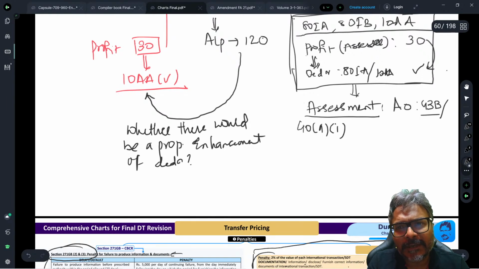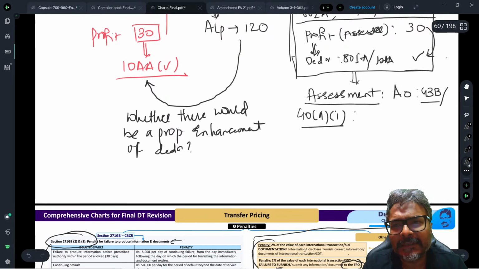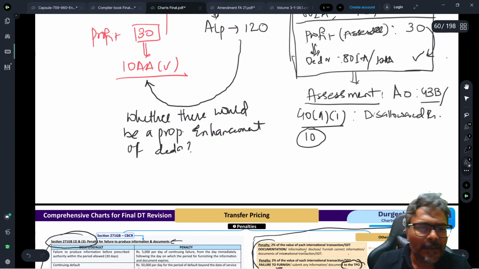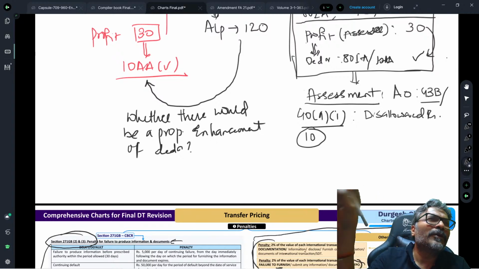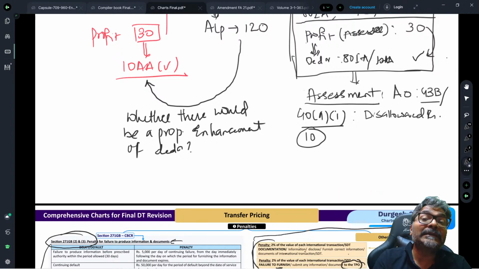So he has applied those provisions, and based on this particular provision, what he has done, he has disallowed some of the expenses, say I'll just give a number to it, disallowed 10. Now, students, in the assessment, the AO applying 43B or 40(a)(ia) or any other disallowance provision is disallowing 10.